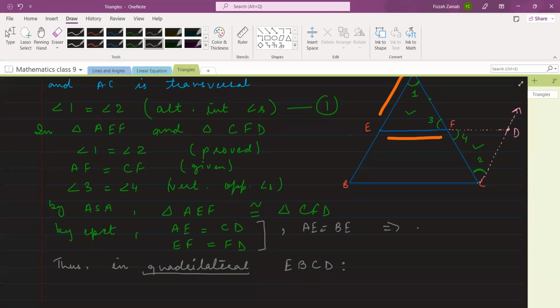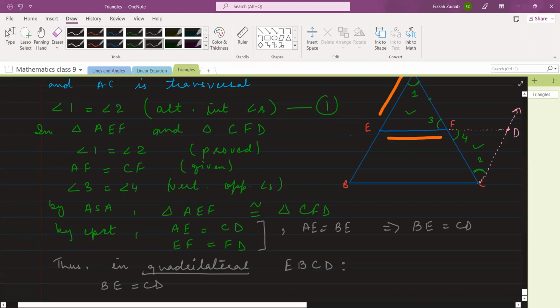So from here, can I say that BE is also equal to CD? Yes, ma'am. Okay. So in this quadrilateral, now I have this side BE is equal to CD. That means one pair of opposite sides is equal. Understand? Yes, ma'am.